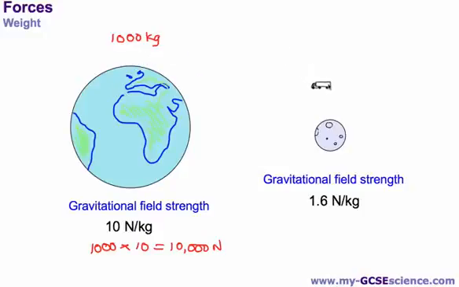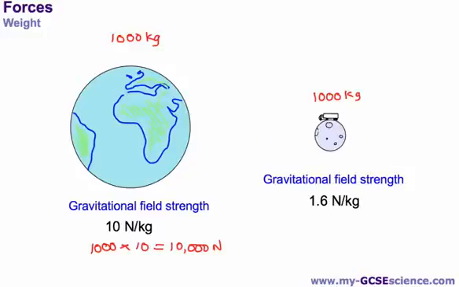Now let's take that same truck and transport it to the moon. Very easily done on my slide here. And let's see what its weight is here. Well, we know the mass is exactly the same. The mass doesn't change, whether it's on the moon, whether it's in space, or whether it's on planet Earth. So we've got a mass of 1,000, but the gravitational field strength on the moon is different. It's about 1.6 newtons per kilogram.